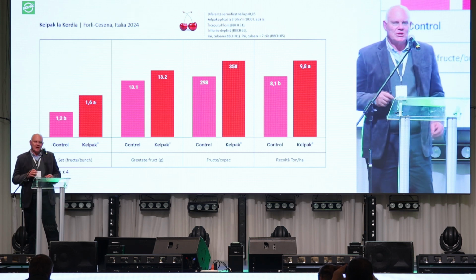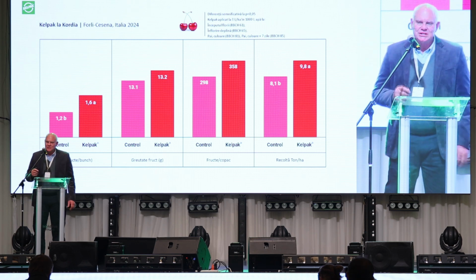So we found a significant increase in fruit set. We found that even though you set more fruit, there was a slight increase in fruit size. And then when you look at your yield, there was a significant increase obtained with your Kelpak program.